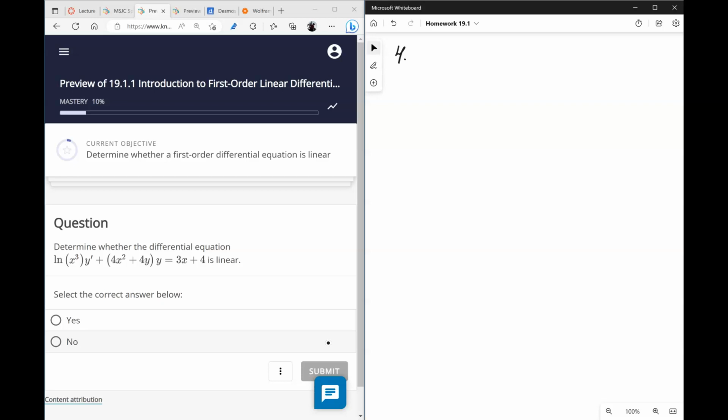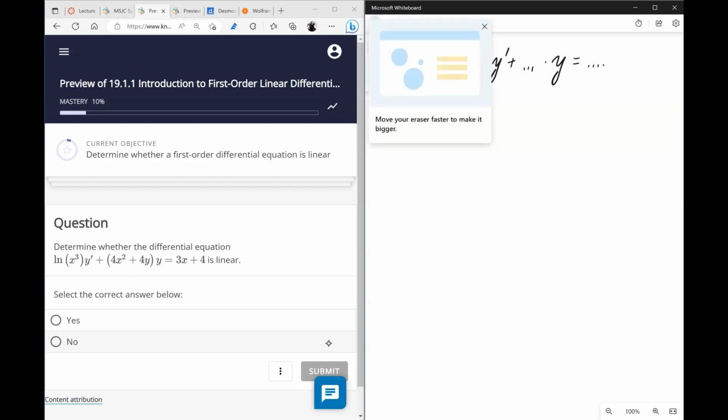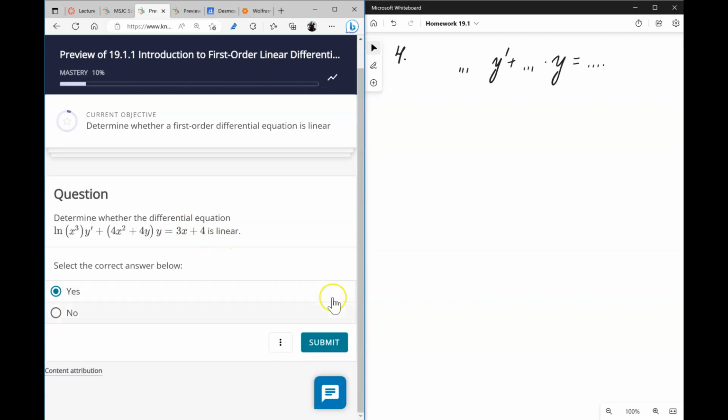Now we're going again on the second lap over here. So we have ln of x cubed y prime plus something of y is equal to something. So in our case we do have that pattern, so we do have a linear equation, so I can write those values here.